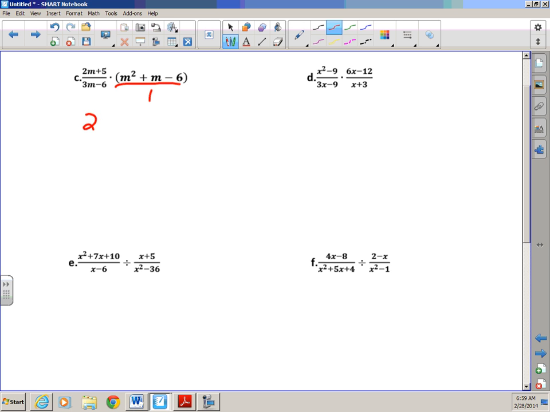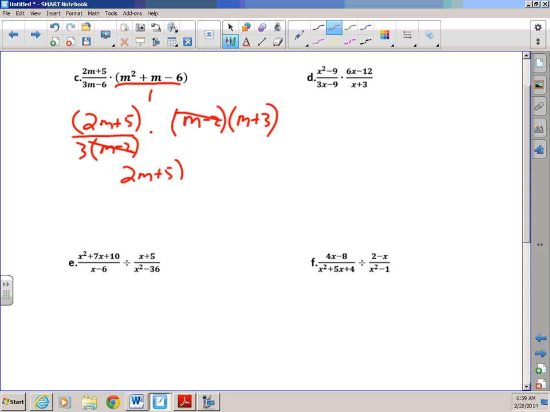No. 2m plus 5 cannot be simplified. 3 becomes m minus 2 times m minus 2 times m plus 3. The m minus 2's cancel, and so I'm left with 2m plus 5 times m plus 3 over 3. Excluded values, only the 2, because that's my only denominator.